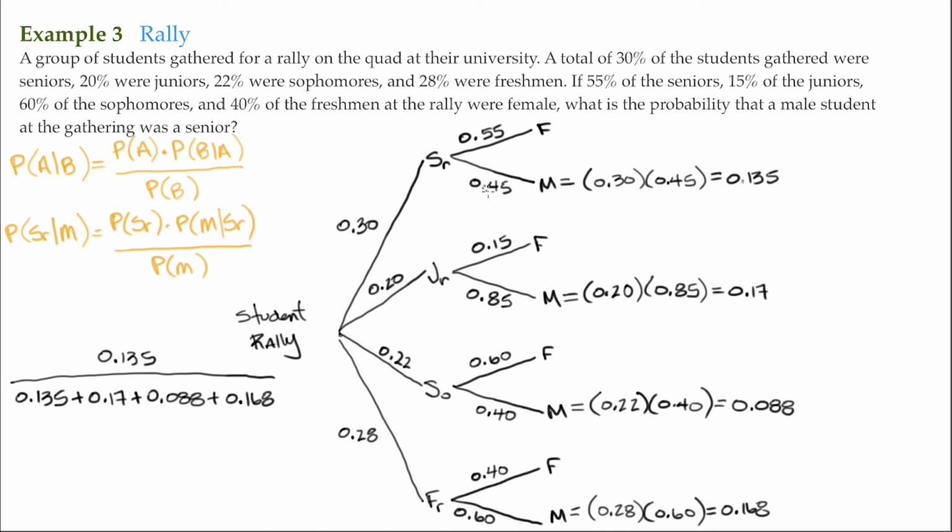So 0.3 times the 0.45, that's this right here, divided by the probability of being a male, which is all of these, which is what we put right here. And the probability of that occurring is 24.06%.